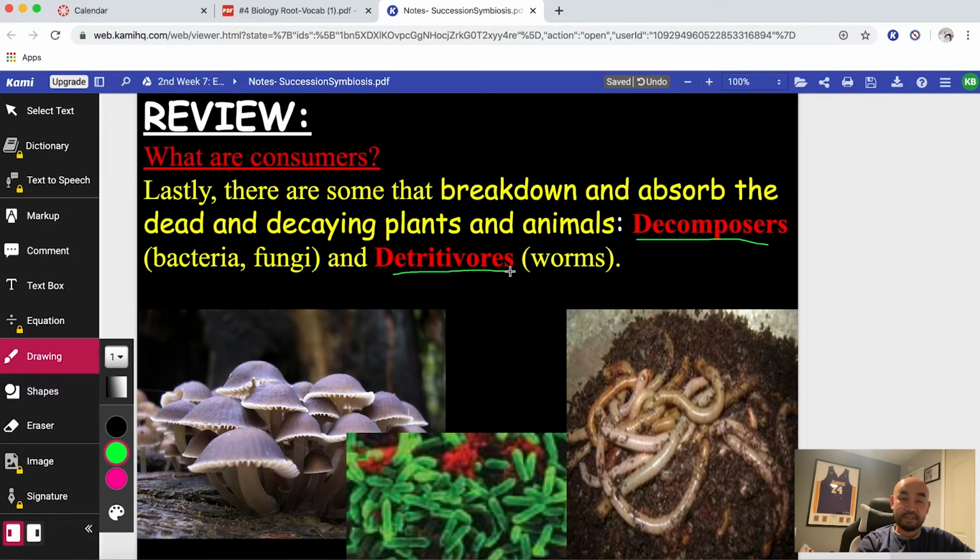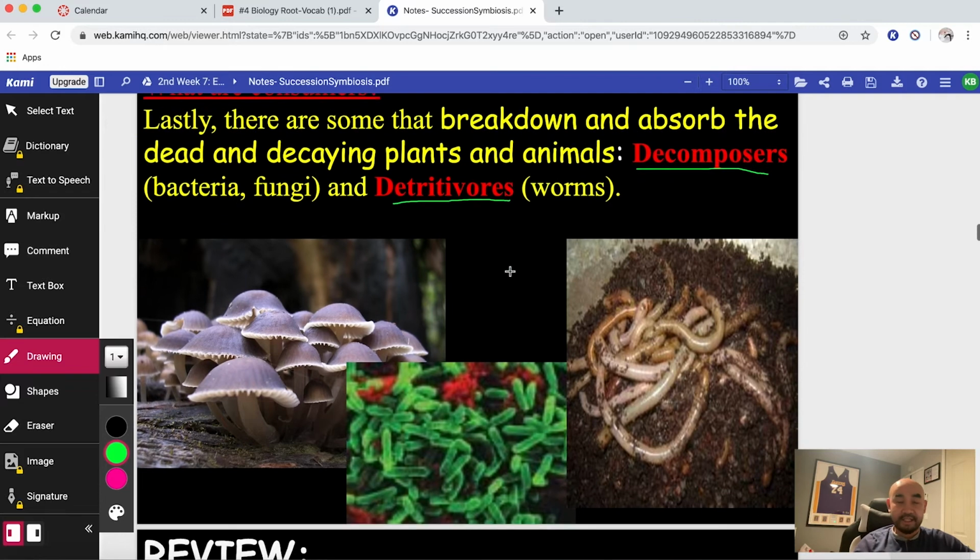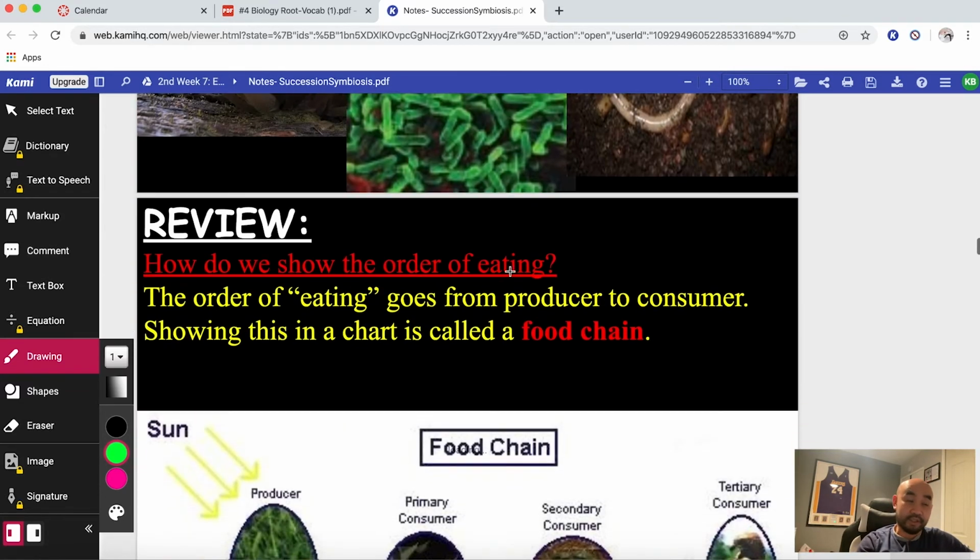The difference is that detritivores actually eat. Worms actually have a mouth and they eat through things. Decomposers, on the other hand, release chemicals and break down those dead organisms, and they suck up the chemicals, right? Without all these detritivores and decomposers, we would have dead bodies, dead trees, dead plants lying around. So they are very important.